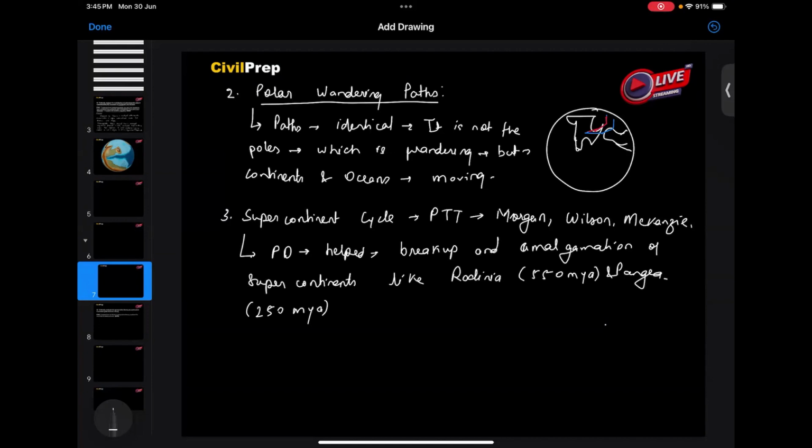Okay, so these were certain models which helped in predicting what was the orientation of particular continents and oceans.